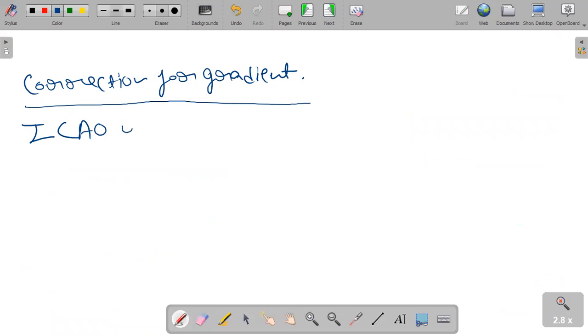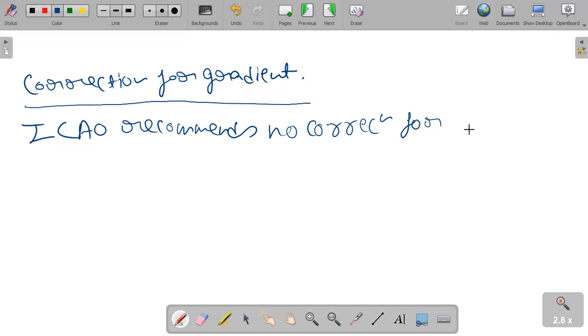Basically ICAO recommends no correction for gradient.